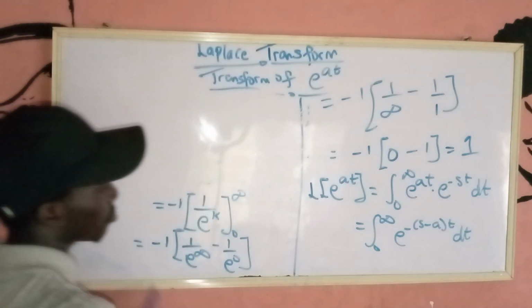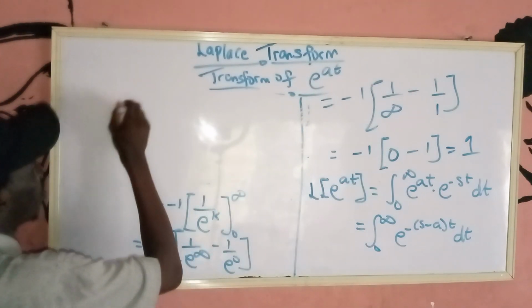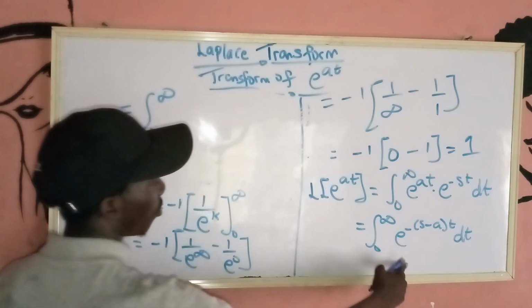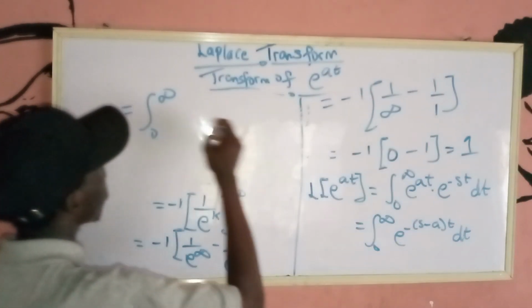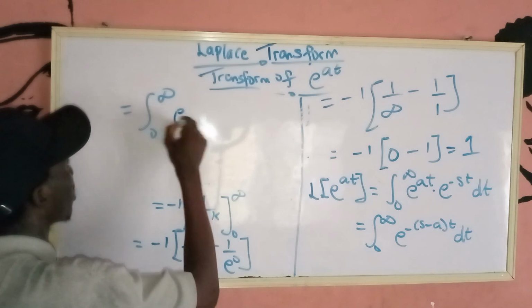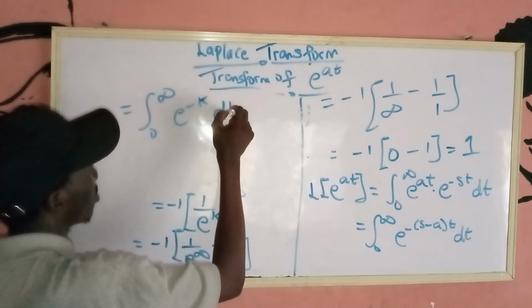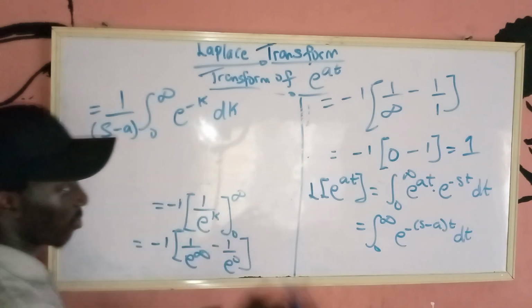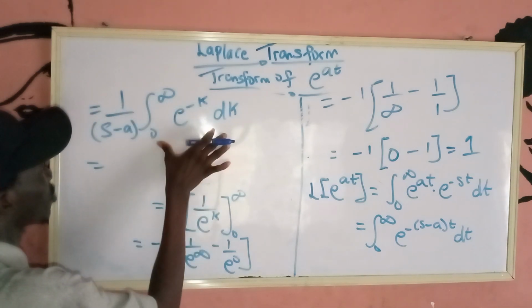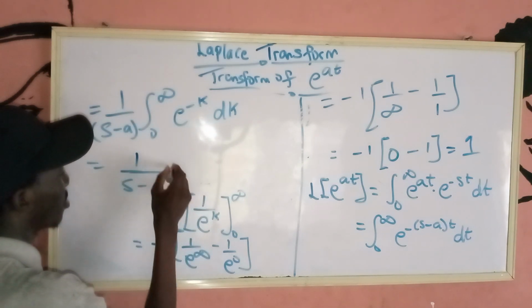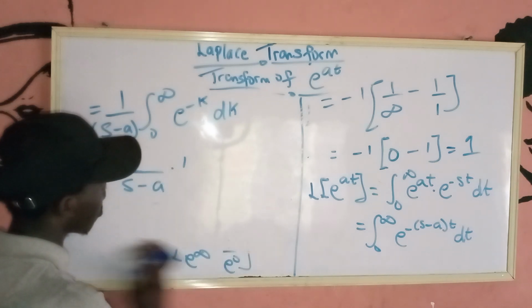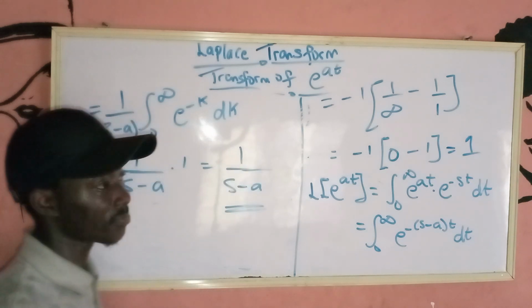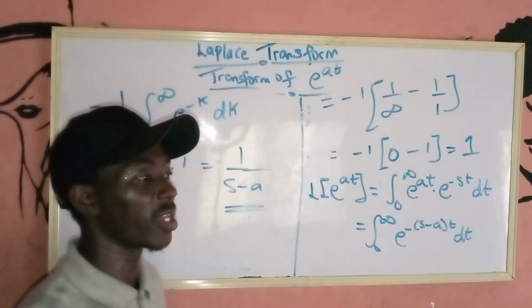I know this gives me the integral from 0 to infinity of e raised to power minus k, substituted in the last place, and here also becomes dk. I brought out this 1 over s minus a. I've done all this before, I'm just rewriting it again. This integral gives us 1, so that is 1 over s minus a times 1, and your answer is equal to 1 over s minus a. That will be your answer. So that is the Laplace of e raised to power at.